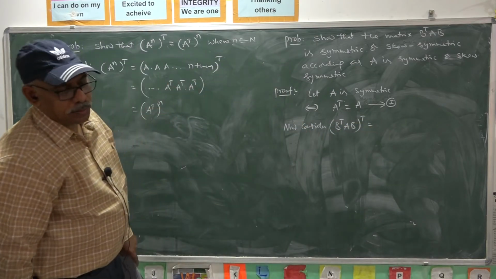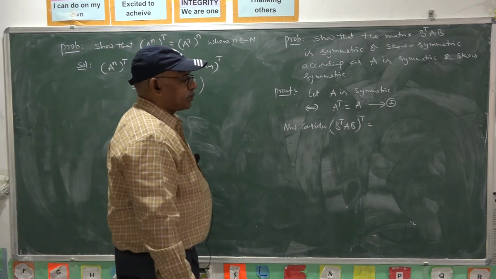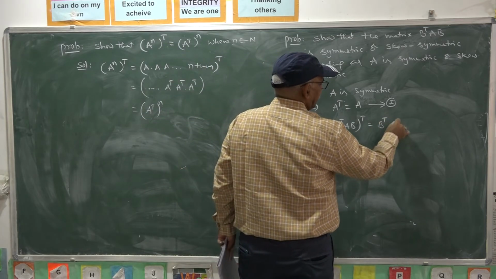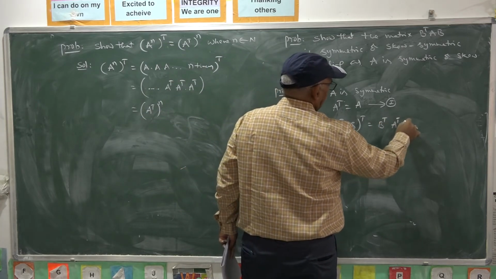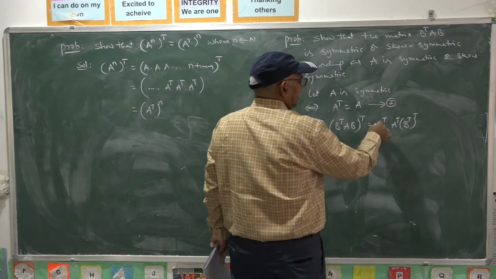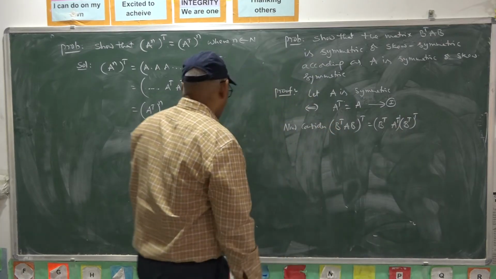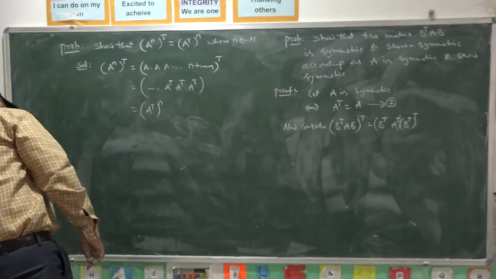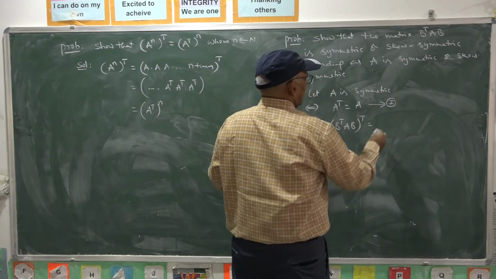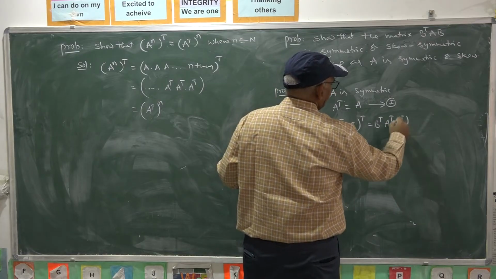B transpose AB whole transpose is B transpose A transpose B transpose whole transpose.